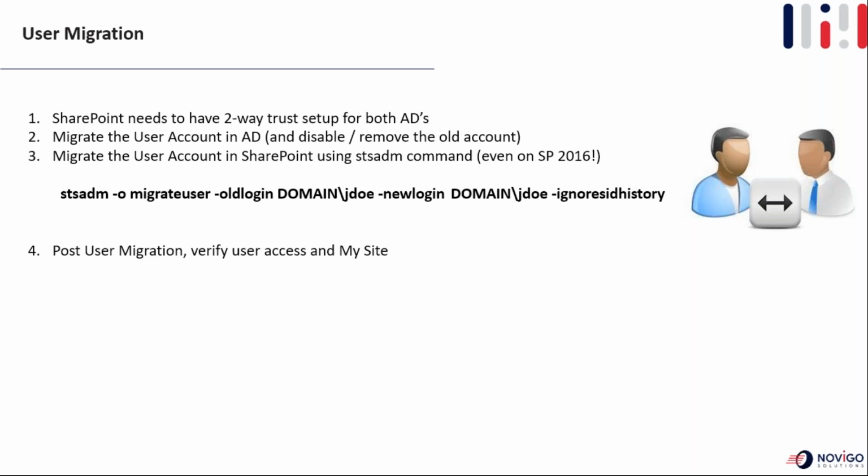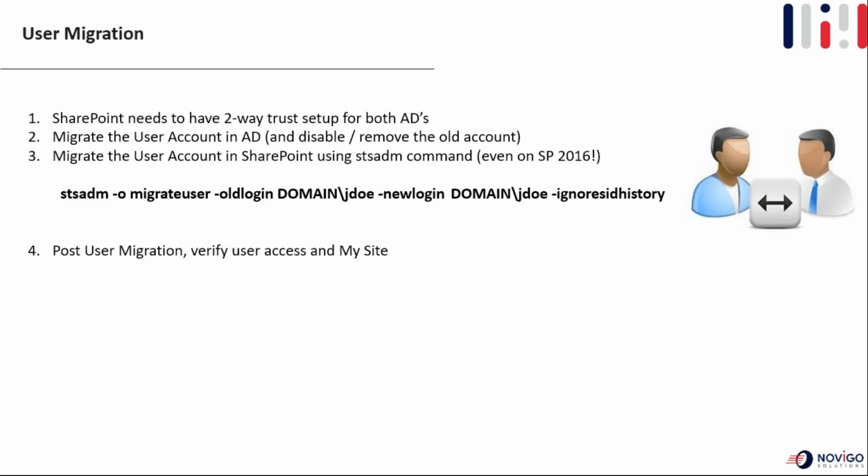If you want the users to remain connected even after migrating SharePoint to a new domain, then the trust plays a very important factor here. Before you start the migration, you need to migrate the user account in Active Directory. You can use tools like ADMT from Microsoft, or there are other tools available like Quest, for example, which allow you to migrate users between Active Directories.